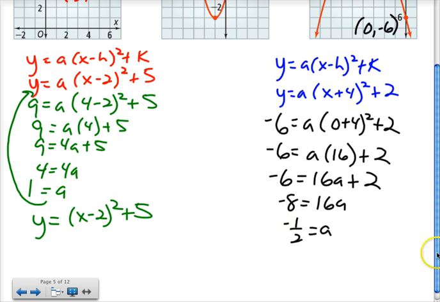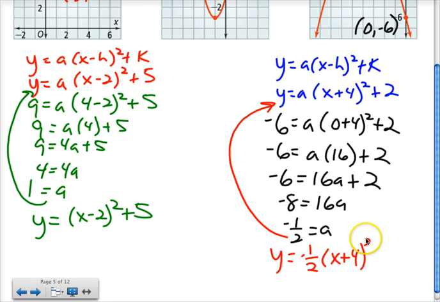And again, that needs to be placed back here where I had my vertex already in the formula. So it will be y equals negative 1/2 times the quantity (x plus 4) squared plus 2. Make sure you can see that negative out in front there.